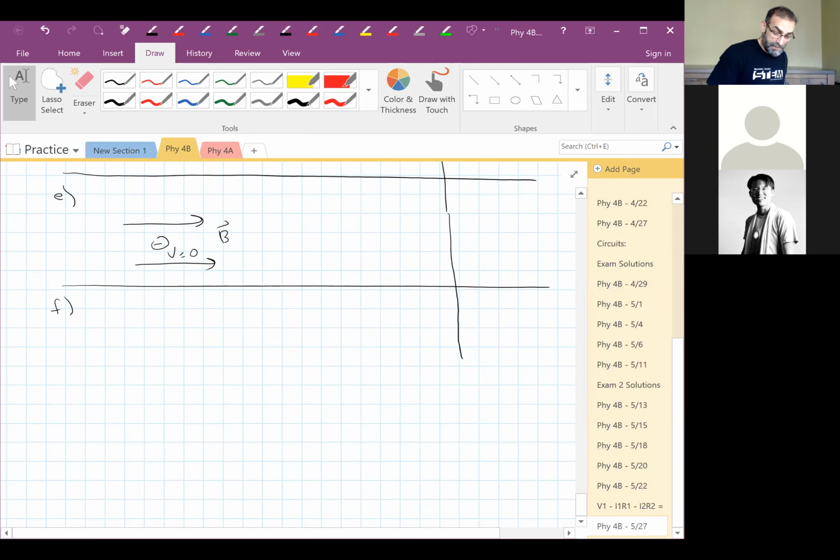If V is 0, V cross B is 0, and the force would be 0. No force on that guy. How about this one? Let's have our magnetic field going up at an angle like that, and we'll have our particle going this way.